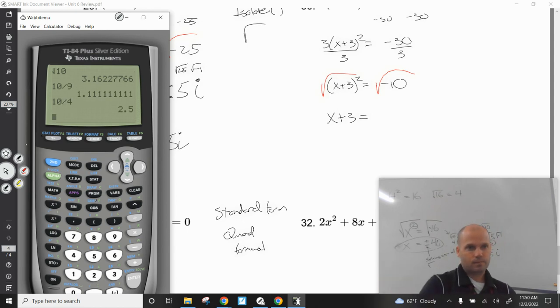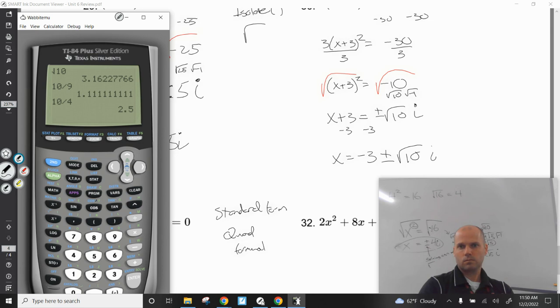No. So this is just root 10 i. It's root 10 root negative 1. That's it. This is the simplified one. It's a plus or minus, and I get rid of the 3 by subtracting 3. This is the answer: negative 3 plus or minus root 10 i.